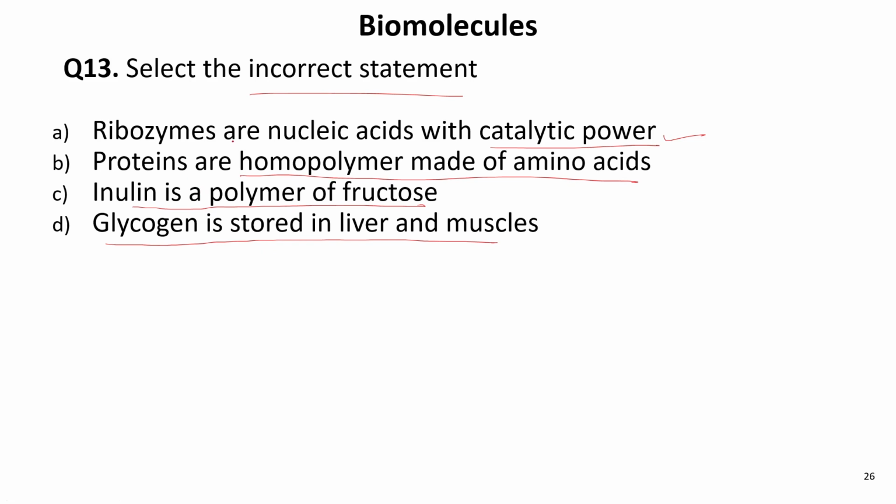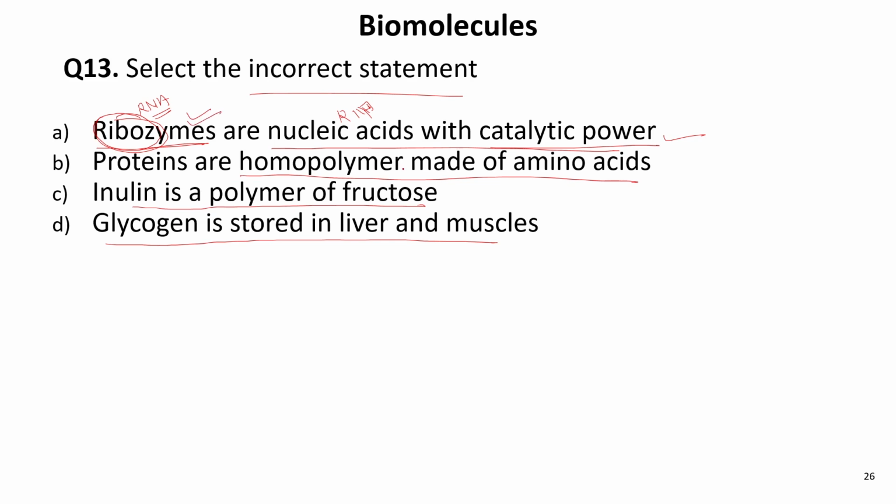Ribozymes are actually nucleotide based. RNA having catalytic activity or enzyme activity is called a ribozyme. So this is the correct statement. RNA is a nucleic acid, so when it has a catalytic power, it is called a ribozyme.